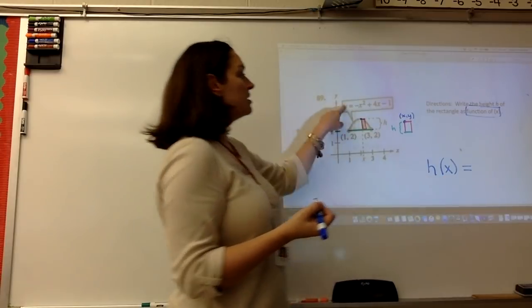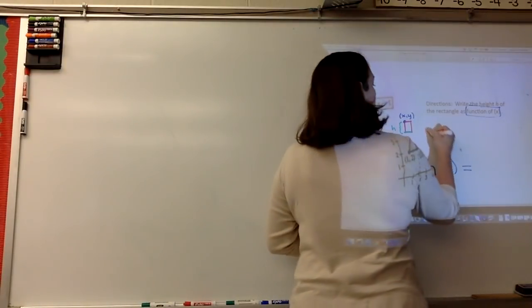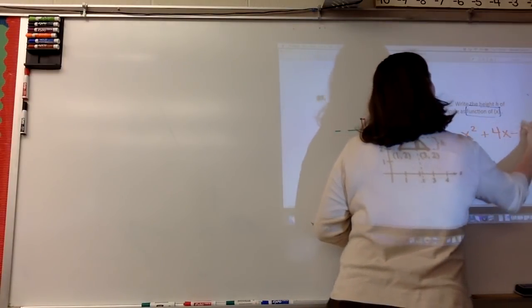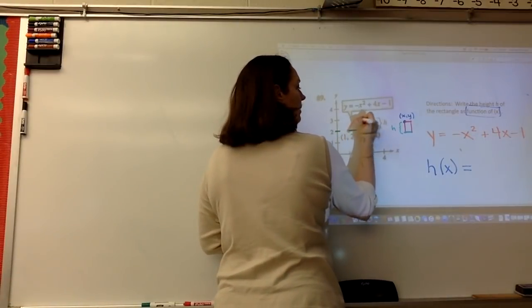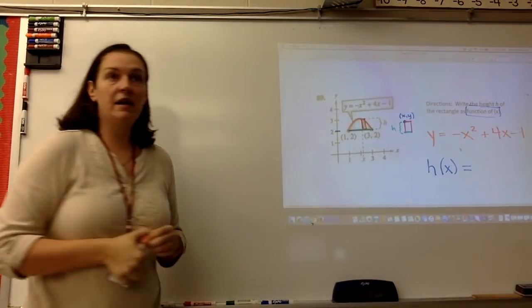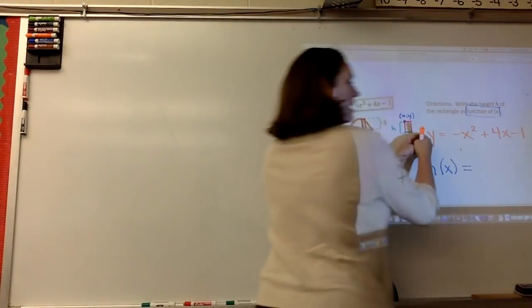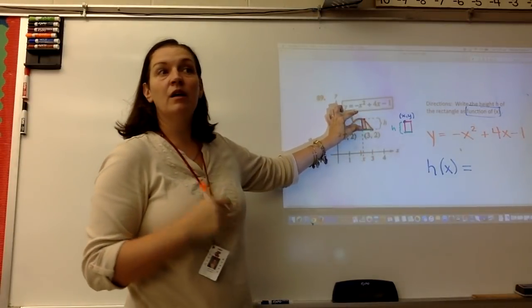Now, the equation that I was given was y is equal to negative x squared plus 4x minus 1. That is the equation of the parabola that I've just highlighted in orange. So the question is, how does this information tell me anything about the height of this red rectangle?